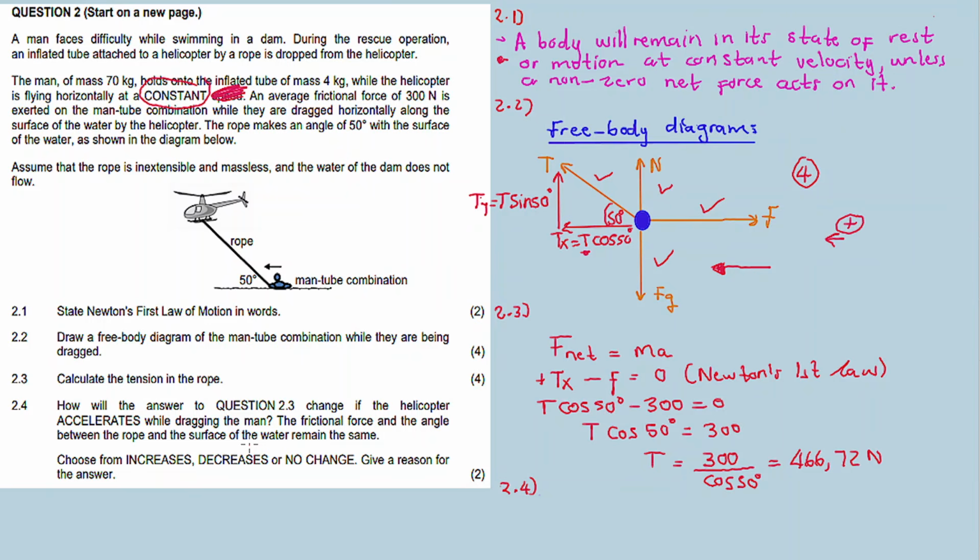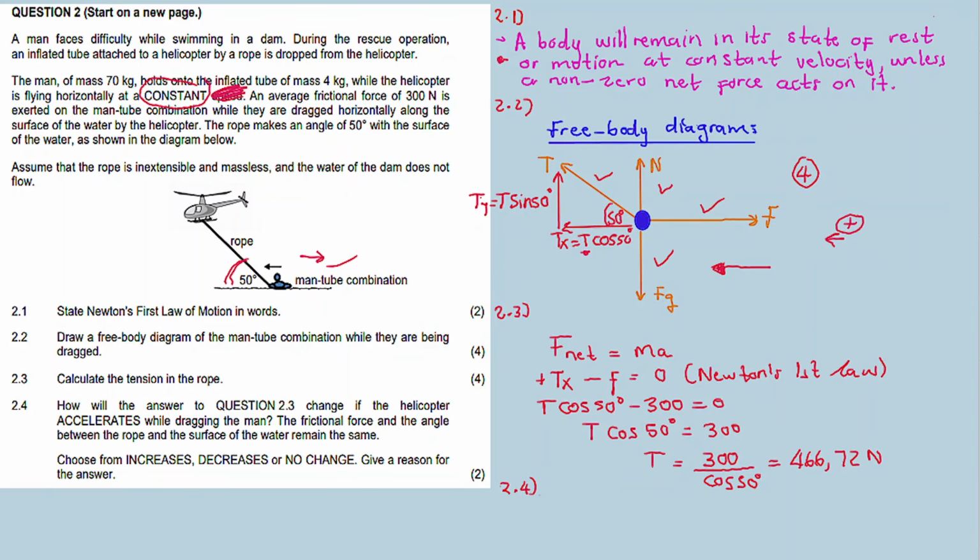The frictional force and the angle between the rope and the surface of the water remain the same. So friction in the opposite direction, and then the angle, these two remain constant. Choose from only increases, decreases, or no change. Give a reason for the answer.